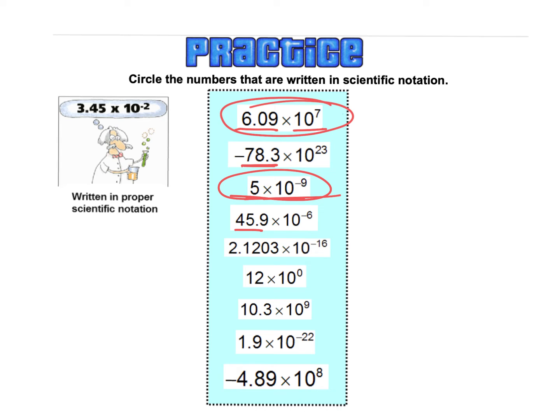Not between 1 and 10. Between 1 and 10, power of 10 definitely works. Not between 1 and 10, not between 1 and 10. 10, yep, and there we go. That one works. This one is not. So there we go. We had 4 of them: the first one, the third one, the fifth one, and the 8th one.